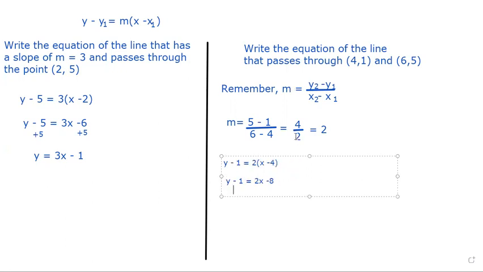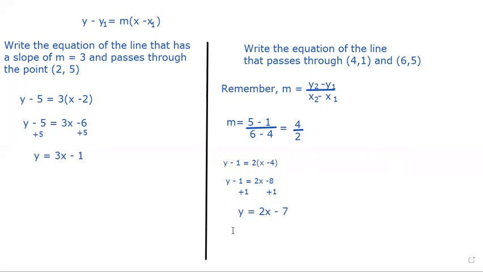And we have to remember to add the 1 on both sides. So our final answer should be y is equal to 2x minus 7.